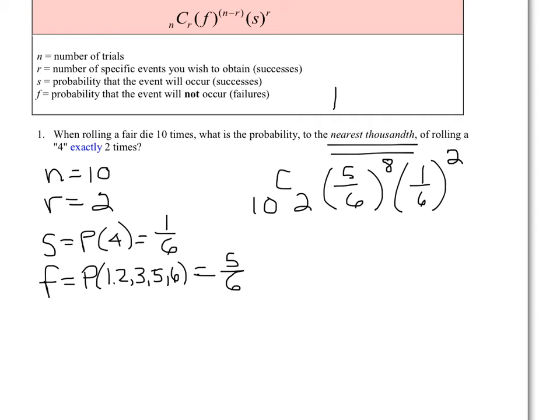Then I'm going to use my calculator. I could just type all that in, but my calculator will actually find the binomial probability. So I'm going to make a little box here. Calculator.